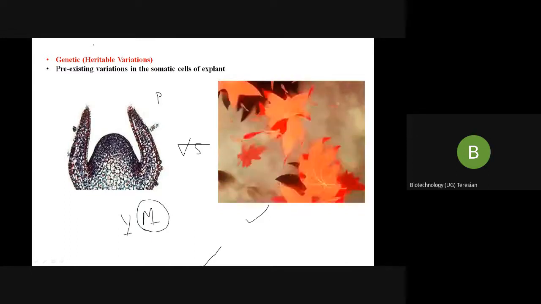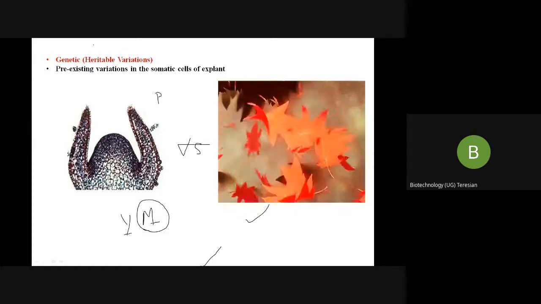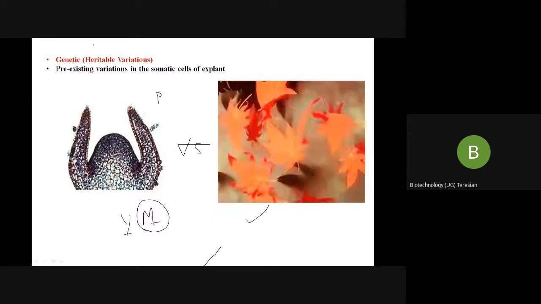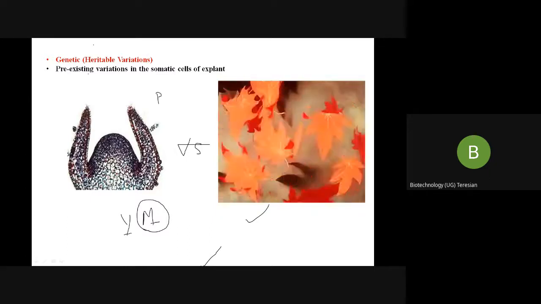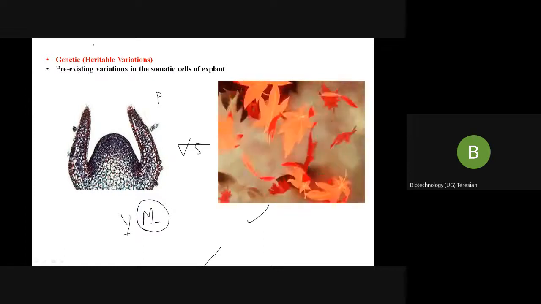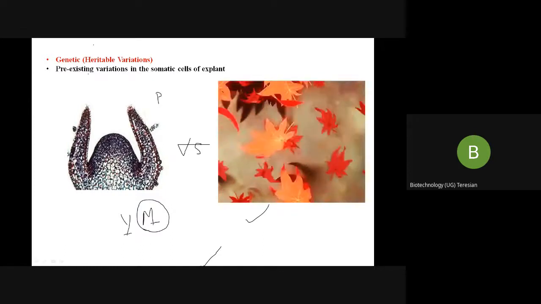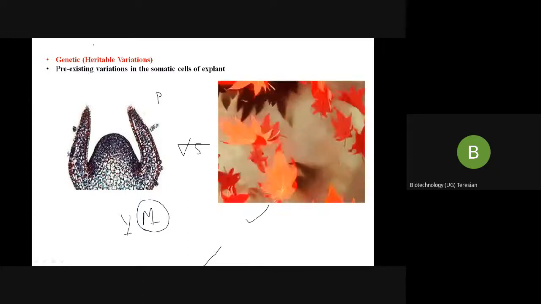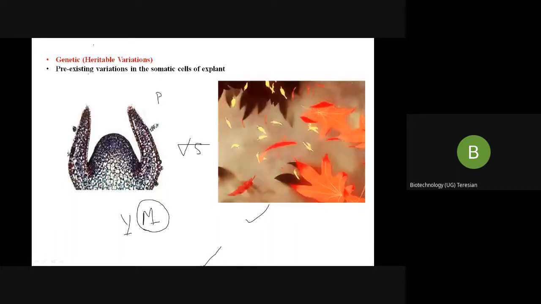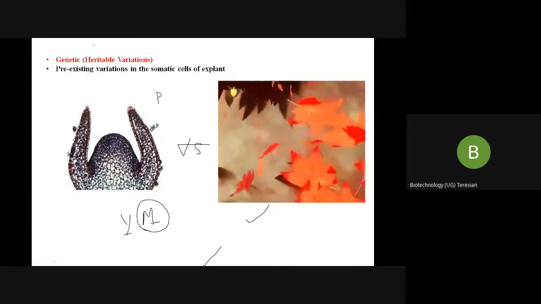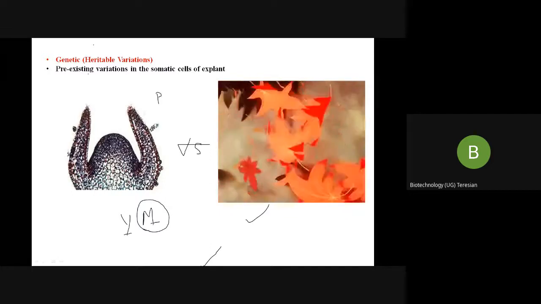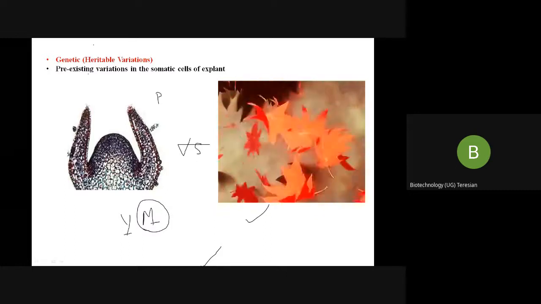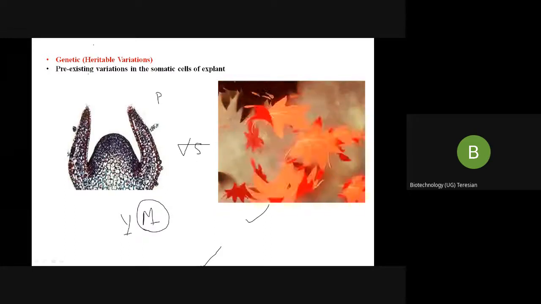This is called pre-existing variation. So already in the plant, you have chosen a plant P, and that plant is already having variations. Meristematic cells, their duty is to divide. They are created for that, they undergo division and form the various parts of the organ. But the leaf is more specialized when you compare it to meristematic cells.